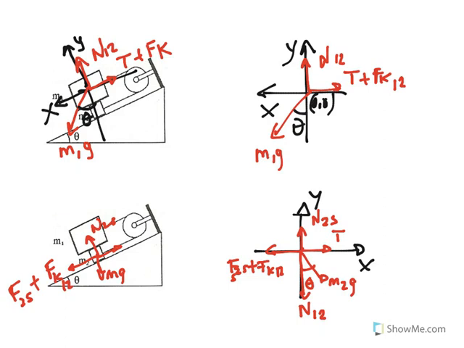Actually, this normal 1 with 2 and this normal 2 with 1 are action-reaction pairs. These pairs are applied to different objects, are opposite in sense, and have the same magnitude. That's exactly the same with this friction and this friction.